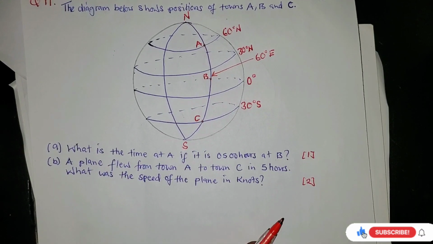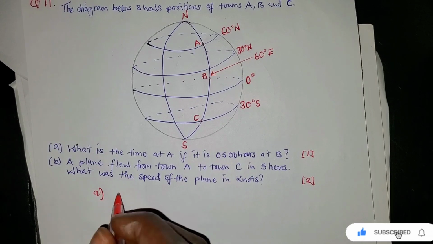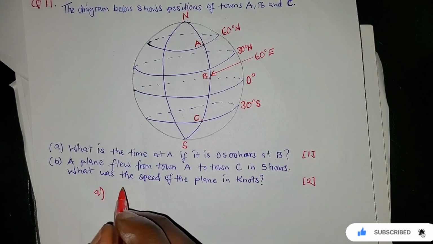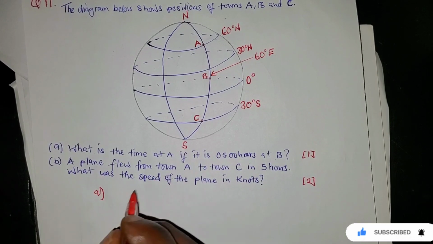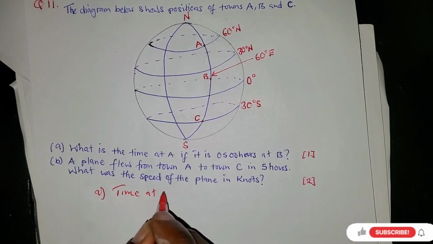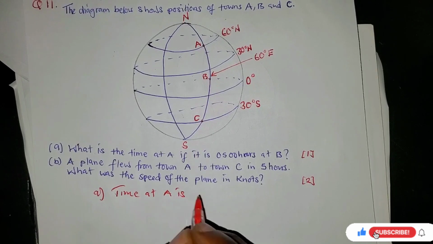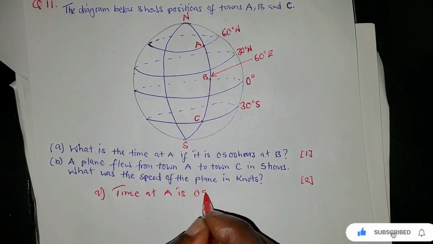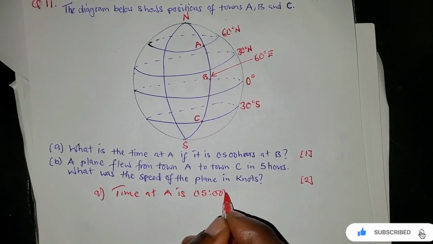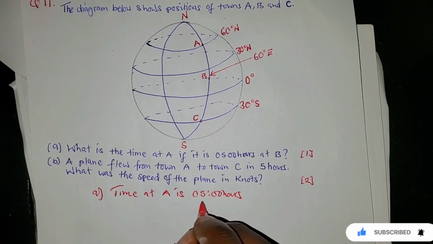So what you can do here for question A, you can just write: time at A is 05 hours. Why 05 hours?